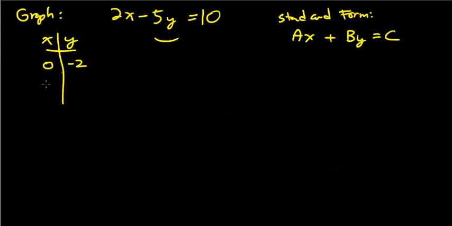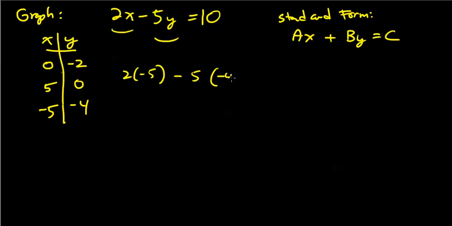If x is 5, well, 5 times 2 is 10, and y will then be 0 to solve this equation. And if x is minus 5, y will be minus 4. I can check that out. 2 times minus 5 minus 5 times minus 4, is that equal to 10?